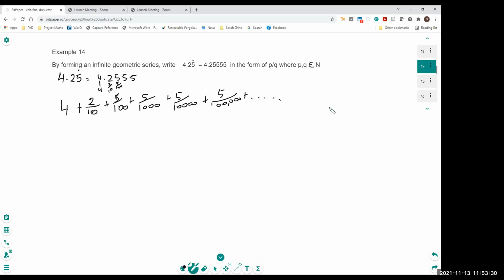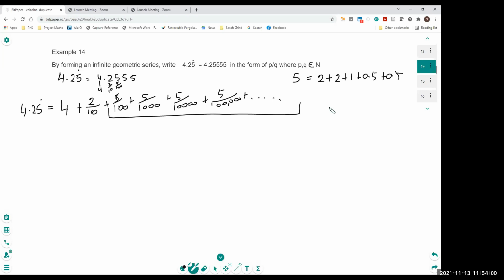So that number 4.25 recurring can be written like that as well. And what we've done is we've shown that there's a series there from that point onwards where the 5 repeats.